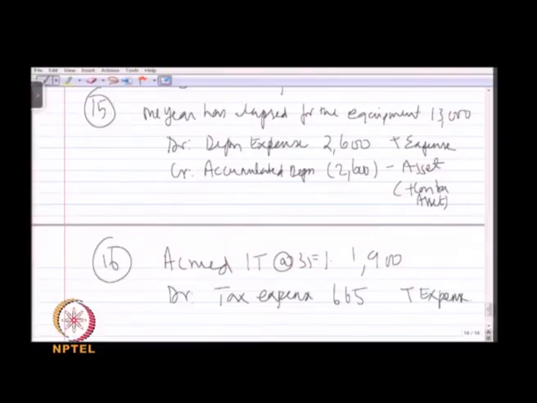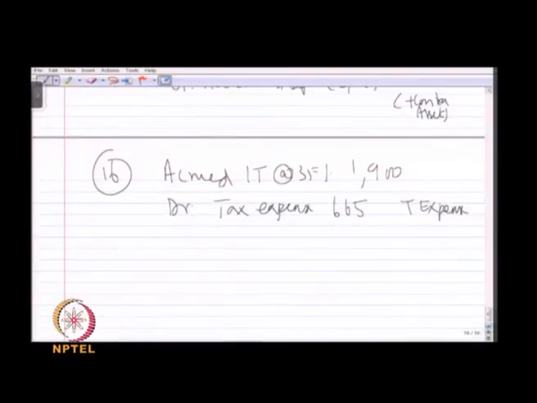And the fact that you have still not yet paid, but you will be paying it, you can call it an income tax payable, or you call it accrued income tax. It is 665. You can also use the word payable as well.